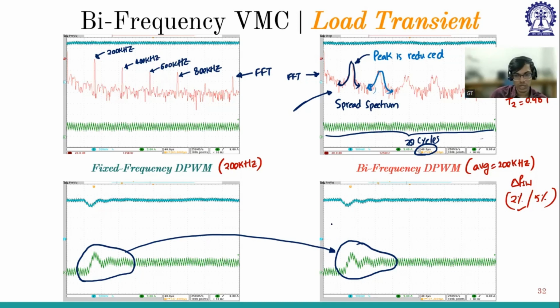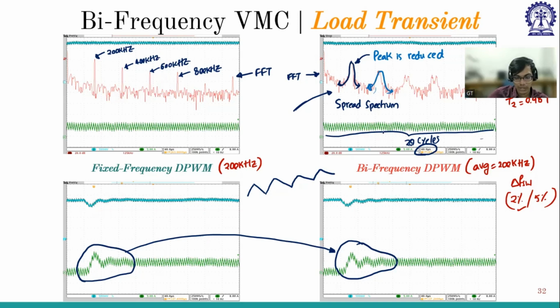So if you increase the change in the switching frequency, say here it is operating like this, and if the increment is negligible, then there is no transient. But if the increment is huge, then it might undergo a transient and then come back. Here the increment is so small that it is as if there is no transient.